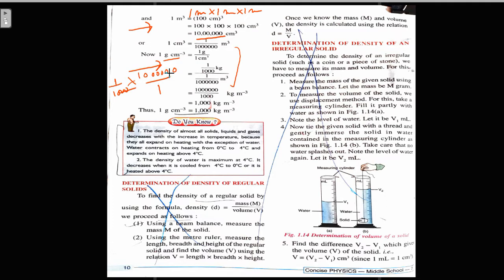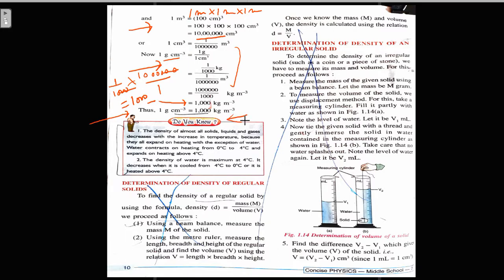So 3 zeros get cancelled, and what remains is 1000 kilogram per meter cube. Thus 1 gram per centimeter cube is equal to 1000 kilogram per meter cube.